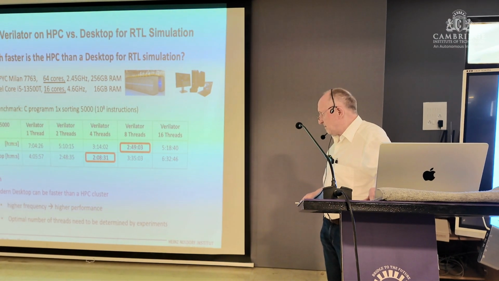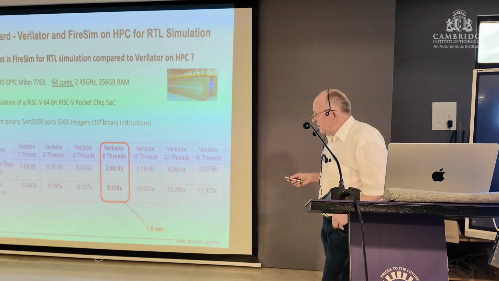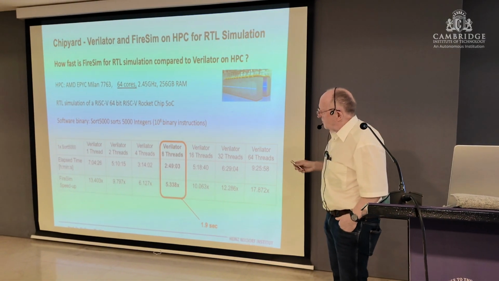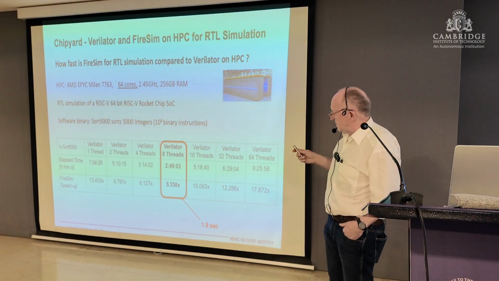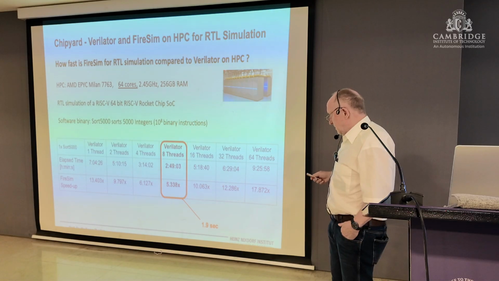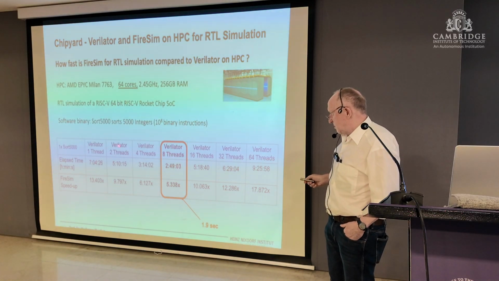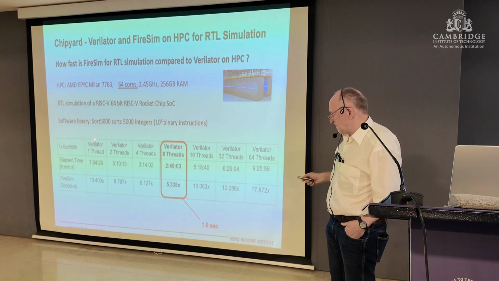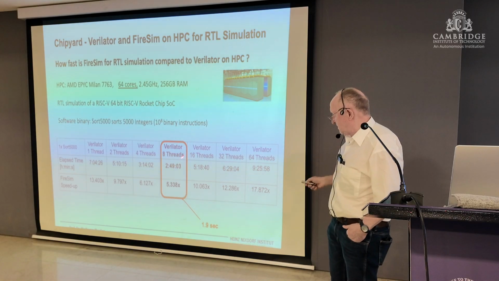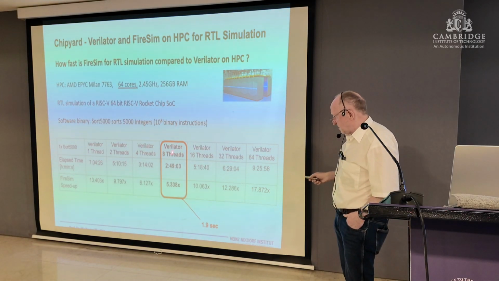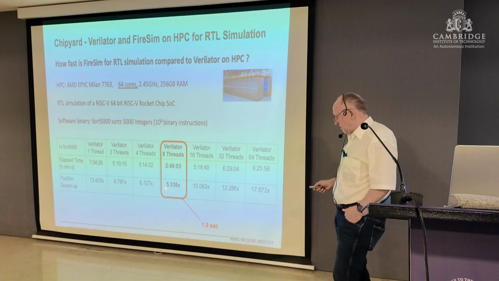The other question was, how fast is the accelerated FireSim? We took the same software, also Verilator with 1 thread, 2 threads, 4 threads, only on our HPC cluster. The minimum was here.